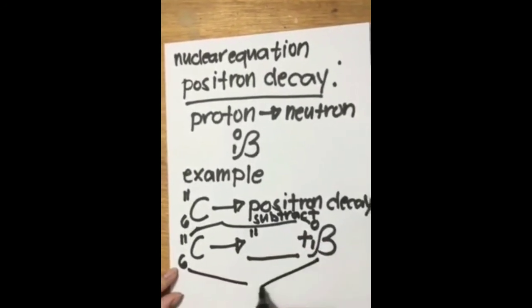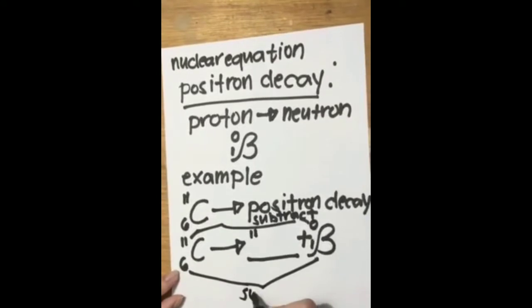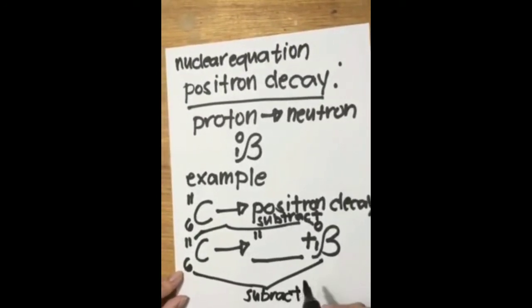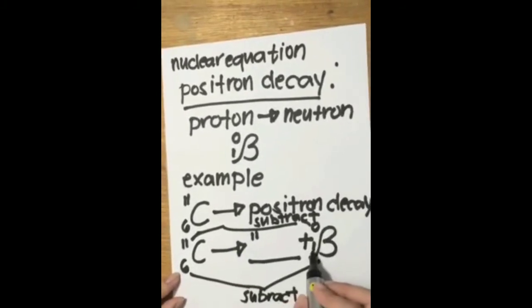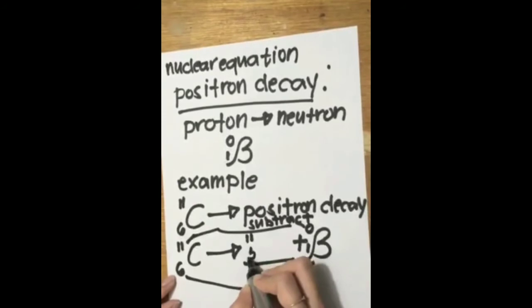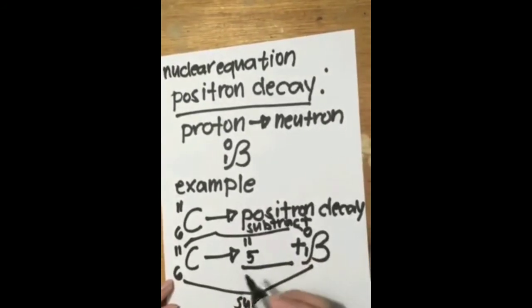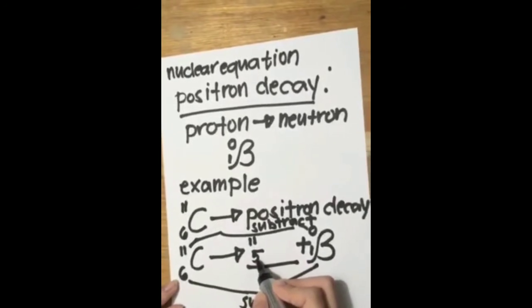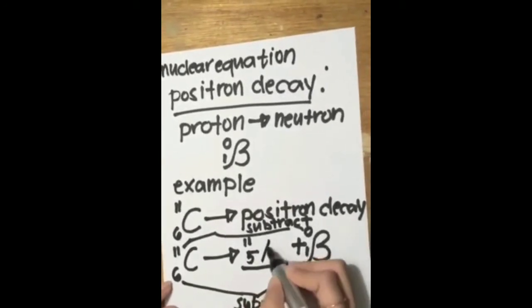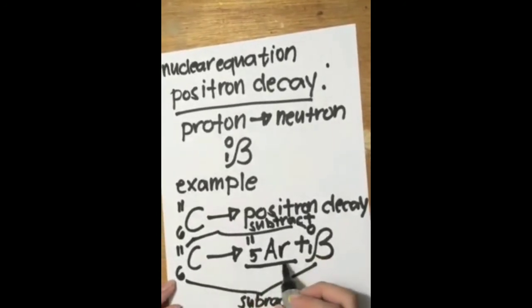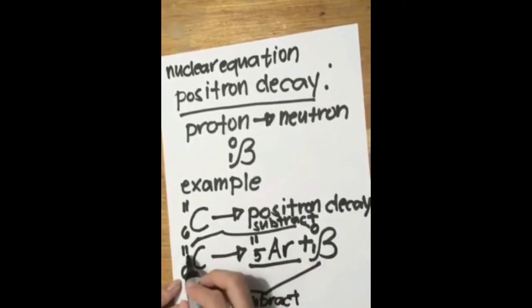Next, same goes with the atomic number. 6 minus 1 is equal to 5. So after that, the newly found element is boron.